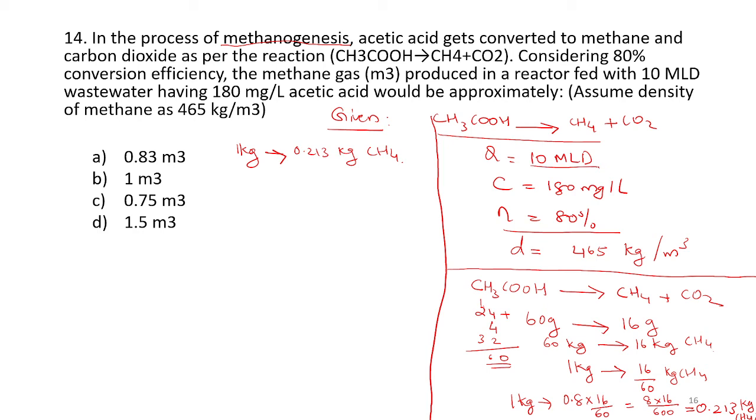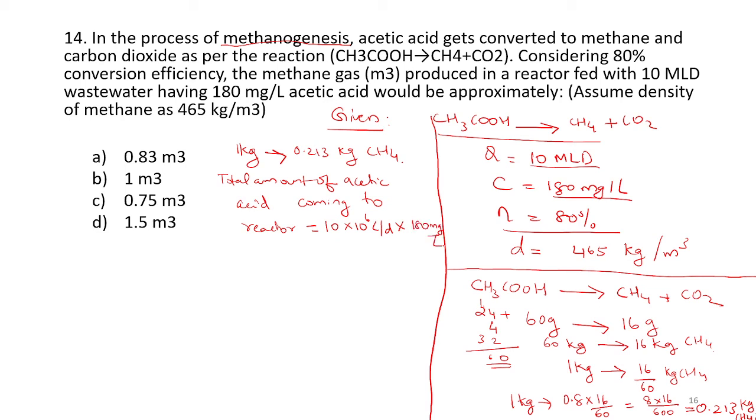So the total amount of acetic acid coming to the reactor equals 10 into 10 raised to 6 liters per day into 180 milligram per liter.